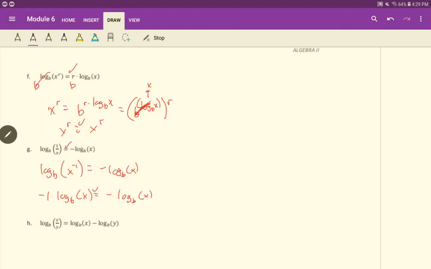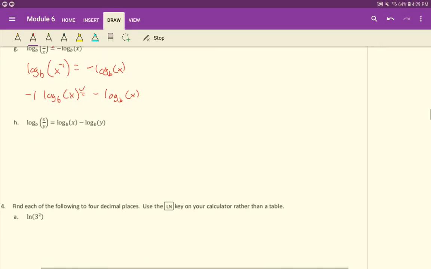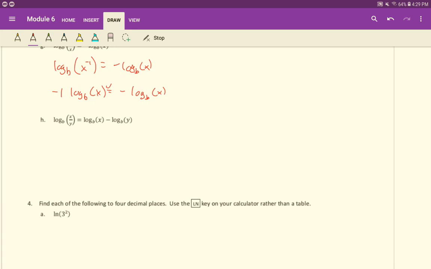And then finally h here, division. Same thing, b to the left-hand side, b to the right-hand side. Those are going to cancel, and we'll have x over y. Here, we can rewrite this as plus negative, so we'll have b to the log base b of x plus negative log base b of y. Since we have addition here, we can break that up into two things.